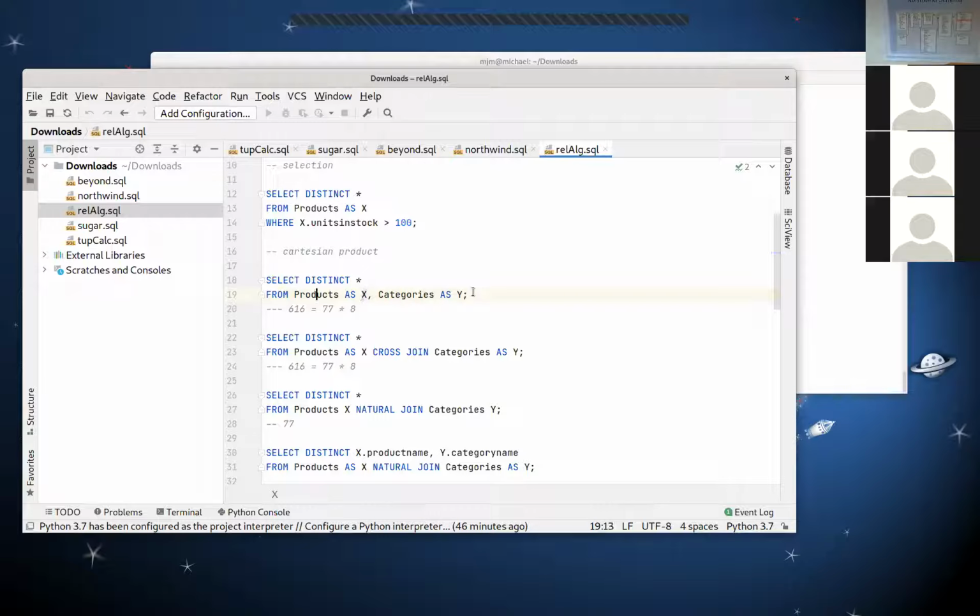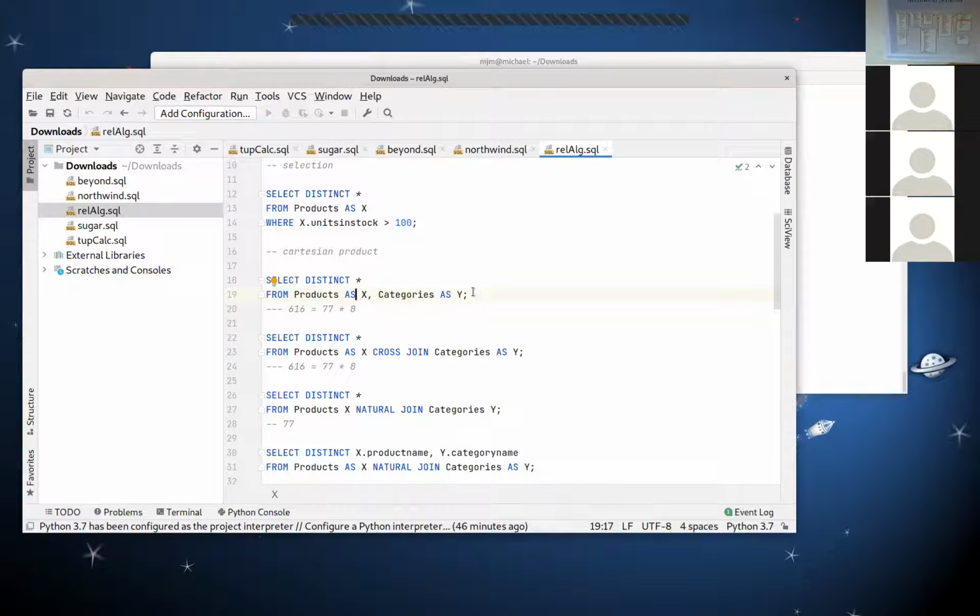So here I said select products as X, and then X dot units in stock. That was a way to say which one I was putting the condition over.